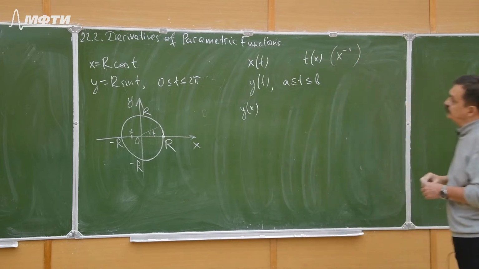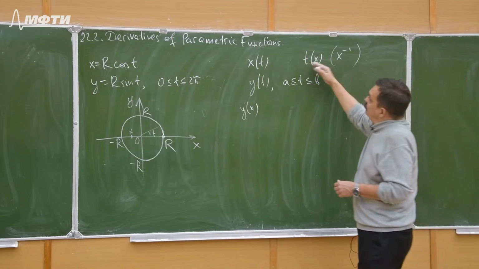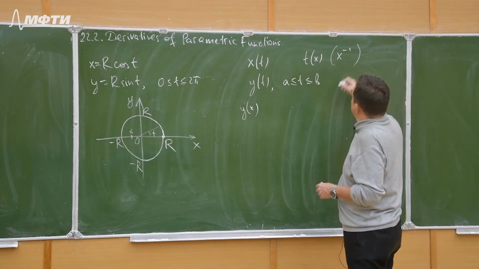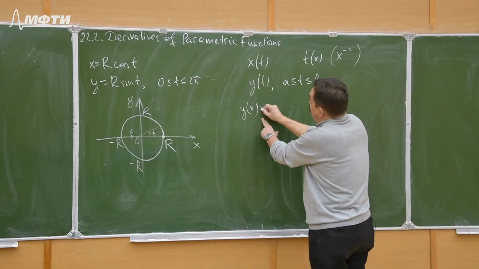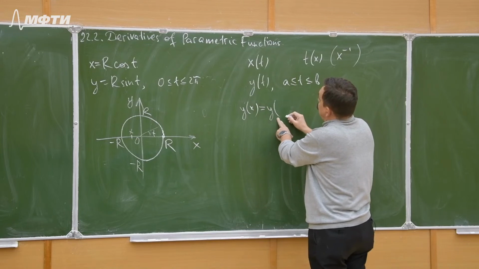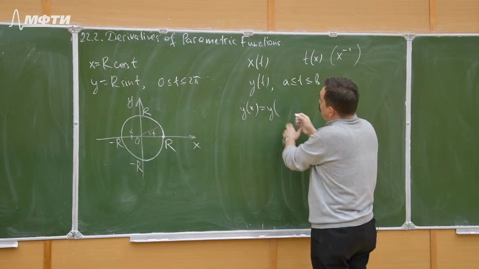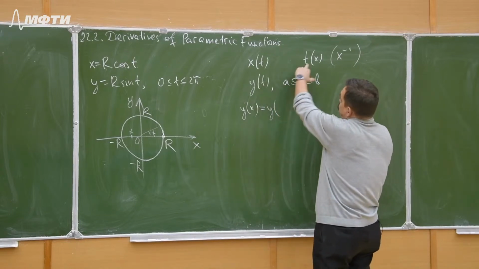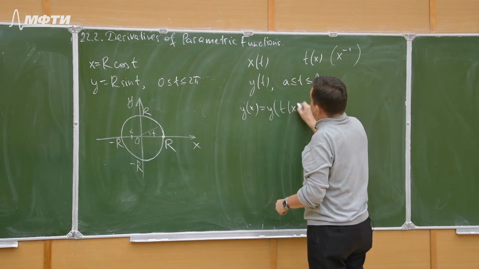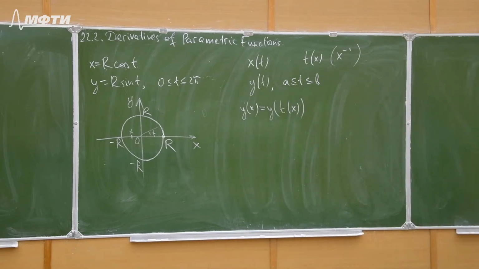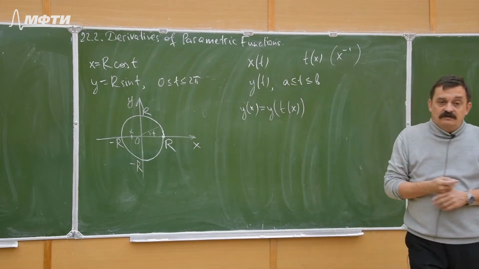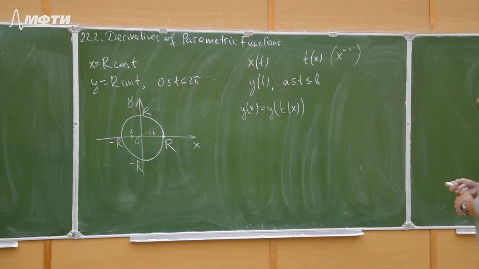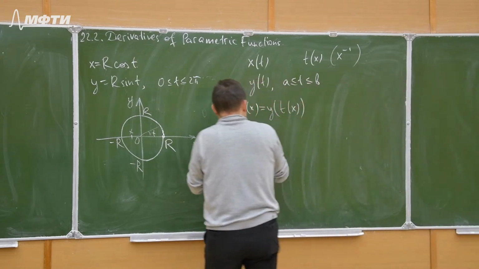Then, if we substitute t of x instead of t, we have y of t of x, right? And in such a way, it gives a function of x, and we can find the derivative by chain rule.